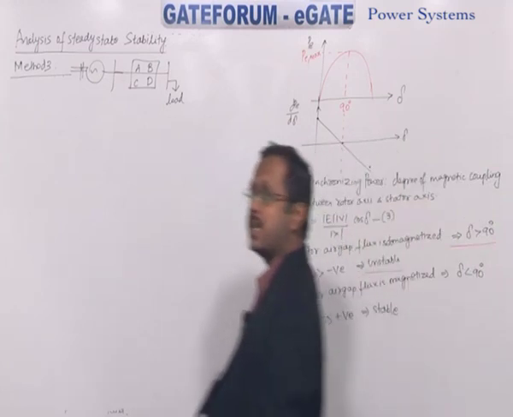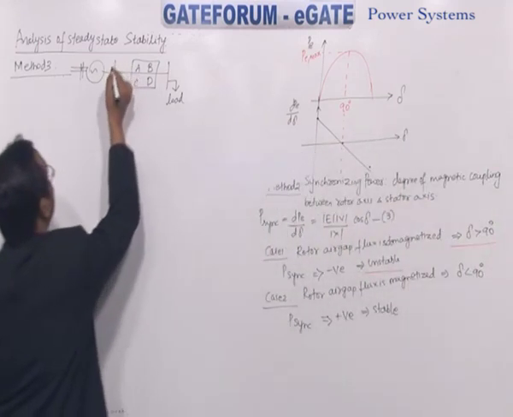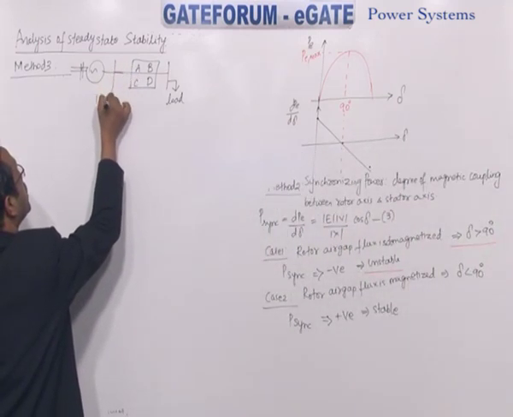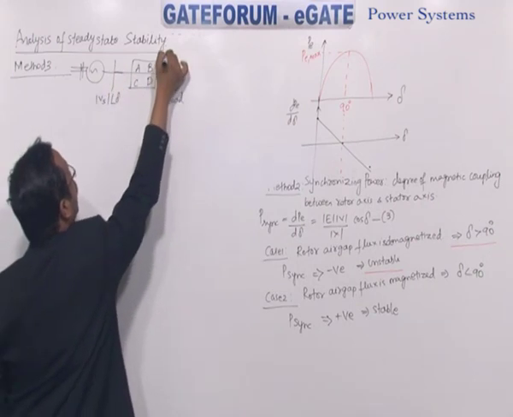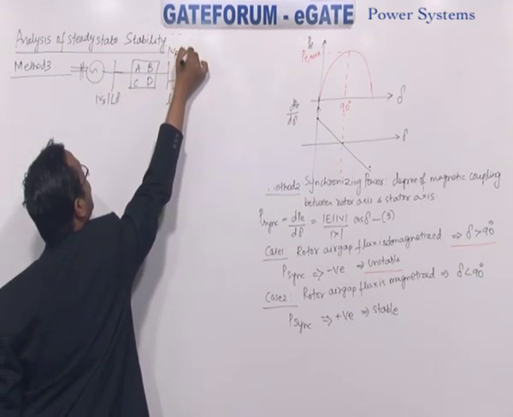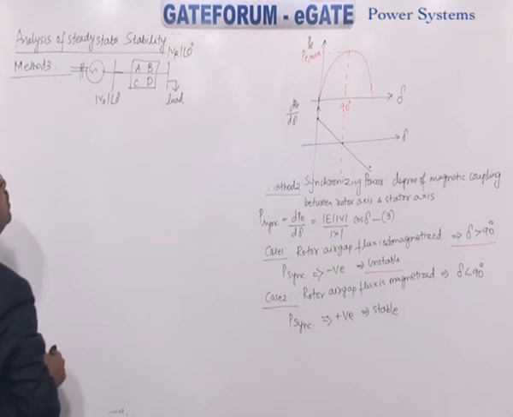Now what about the sending end? We represent Vs at angle delta. What about the receiving end? Vr at angle 0.